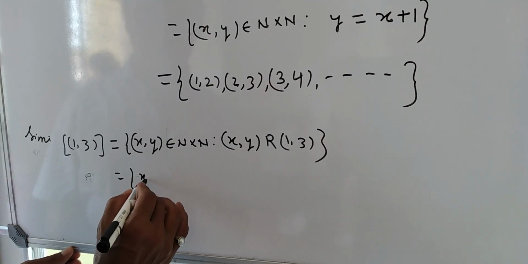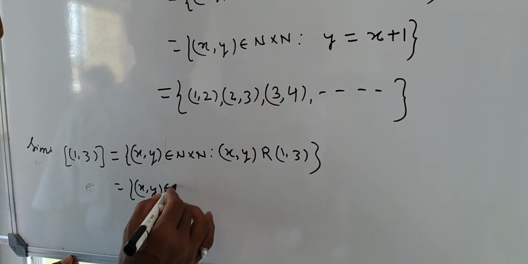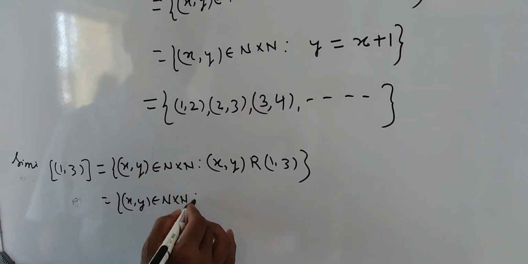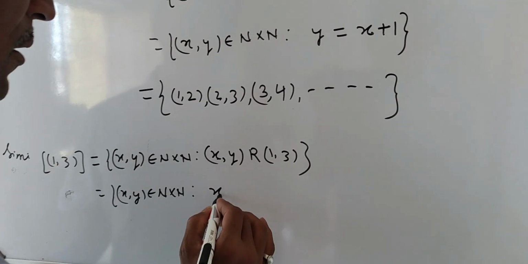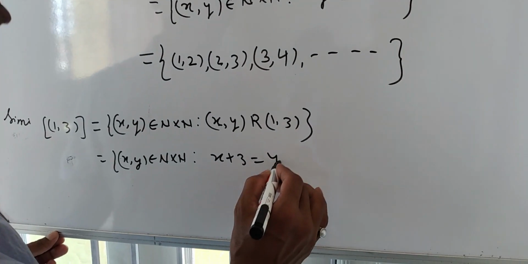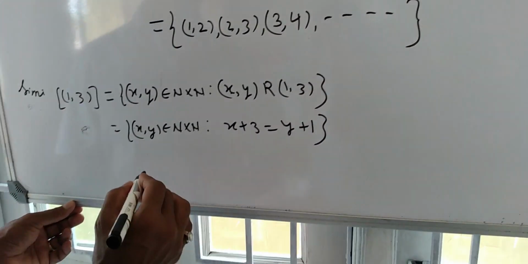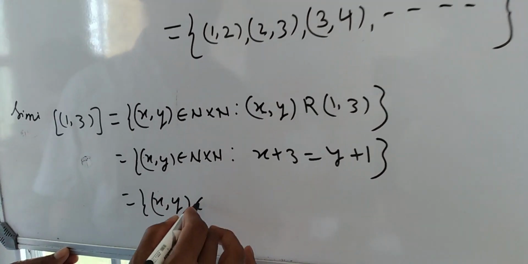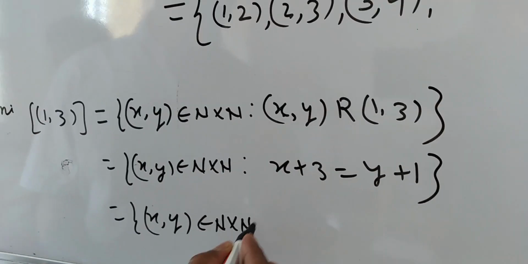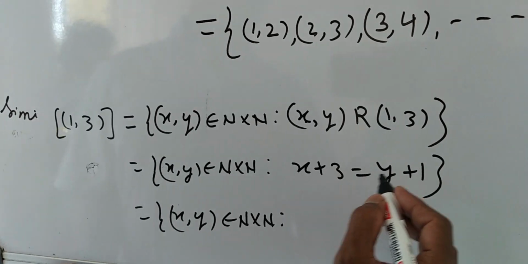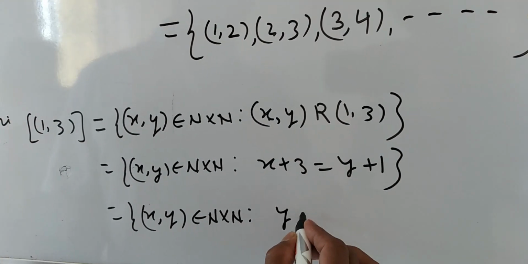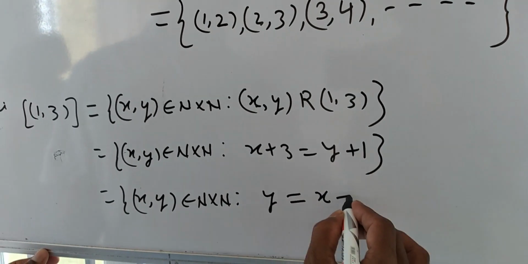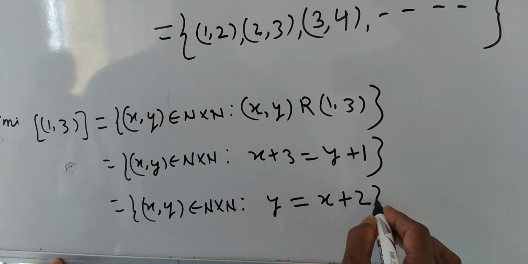This is equal to {(x, y) belongs to N cross N such that x + 3 = y + 1}. Now again simplify this: {(x, y) belongs to N cross N such that y = x + 2}.